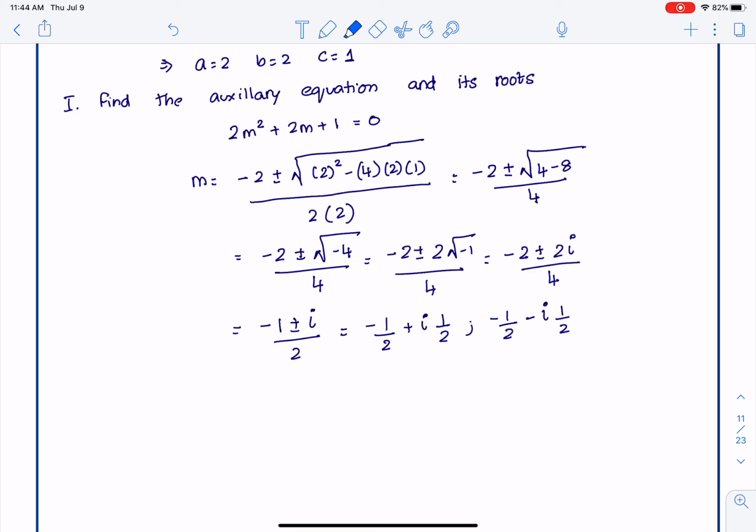E raised alpha x would simply be e raised minus 1 over 2 times x. c1 cosine beta is 1 over 2, c2 sine 1 over 2 x. So the solution is e raised negative x over 2, c1 cosine x over 2 plus c2 sine x over 2.